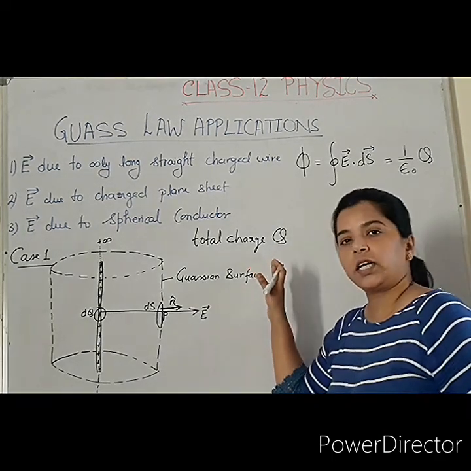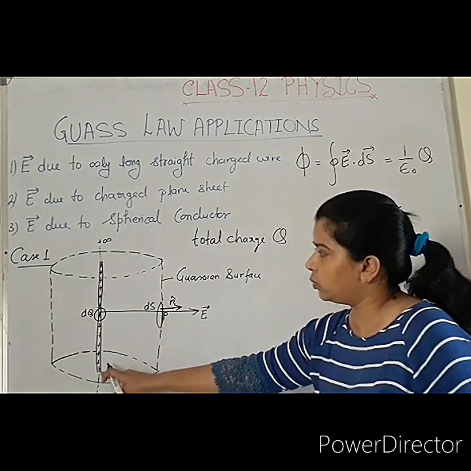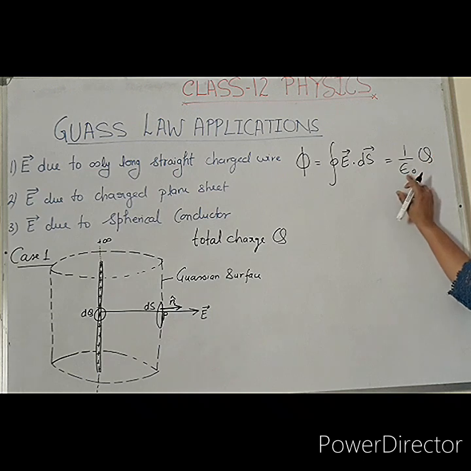The total charge I have assumed as Q. So the total charge enclosed by that surface divided by epsilon naught, which is the permittivity of free space.